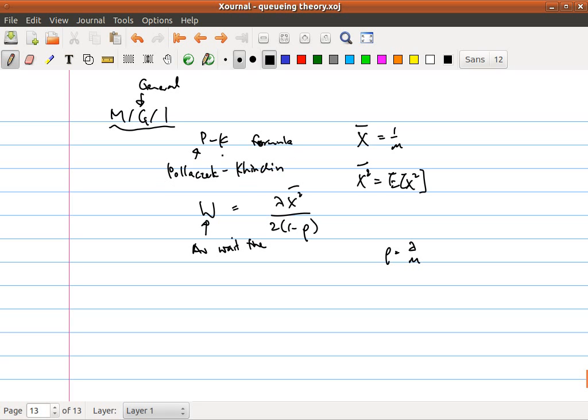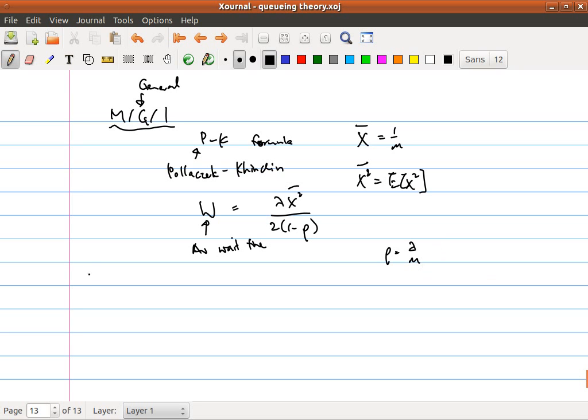The formula is basically given by this: the average wait time is equal to lambda times x square bar over 2 times (1 minus rho), where x bar is the average service time, equal to 1 over mu, and x square bar is the second moment, the expectation of x square. Rho as usual is lambda over mu, and lambda is the arrival rate.